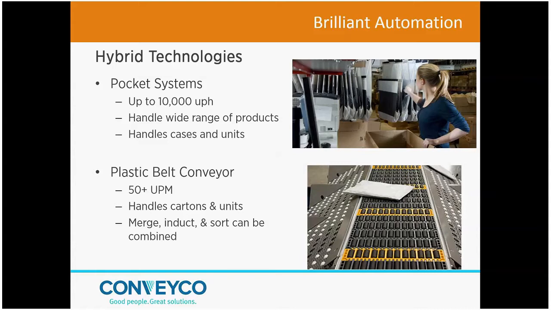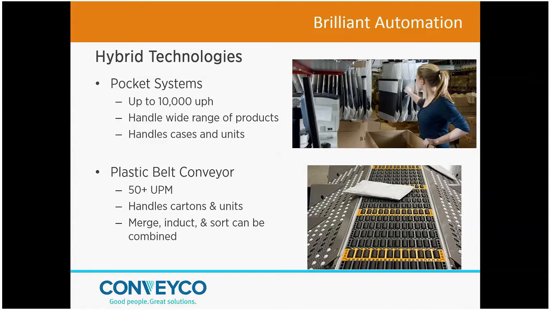The other new technology are the plastic belt conveyors. What makes them unique, or what makes them the hybrid, is they're technically belt conveyors with rollers on them. But because they're manufactured with many very small rollers very close together, you can handle a very wide range of product. You'll see here handling a poly bag.